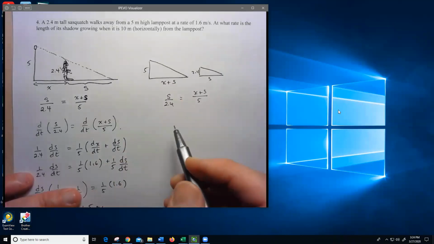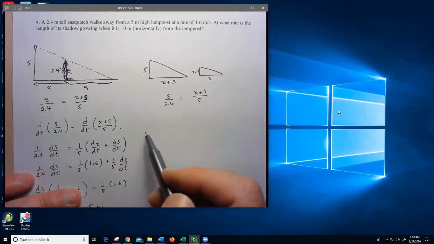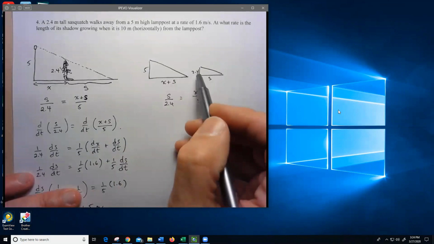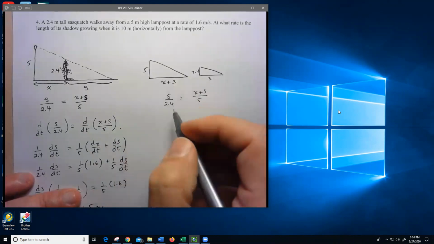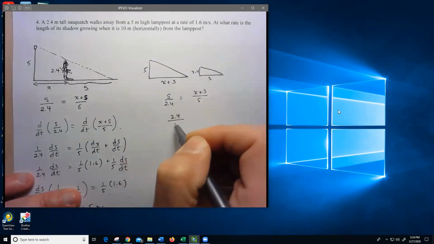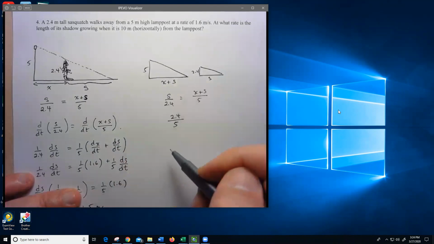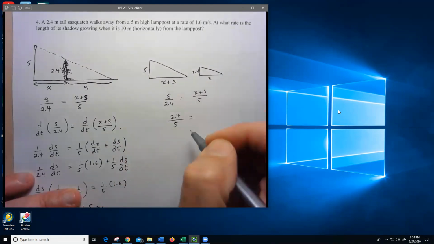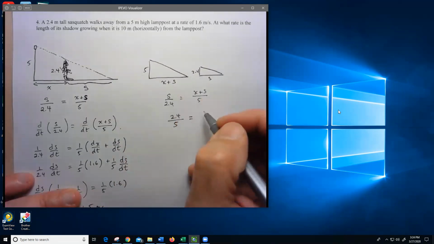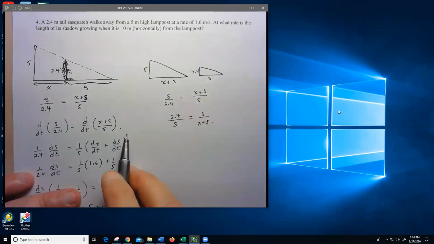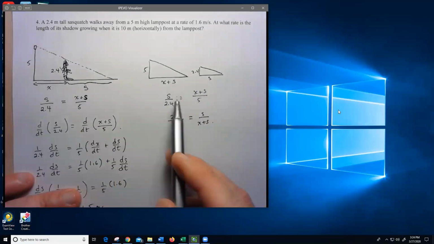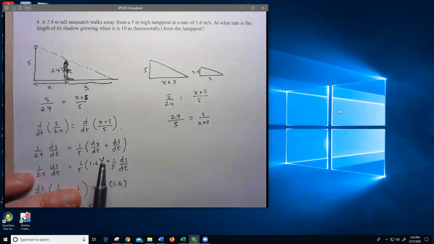Another way, essentially the same as cross multiplying, is starting off with the corresponding sides. So I could have also written 2.4 over 5, these corresponding sides, is equal to s over x plus s. Okay, that would have also been perfectly reasonable, and when you think about it, it's just a cross multiplication of the original one.